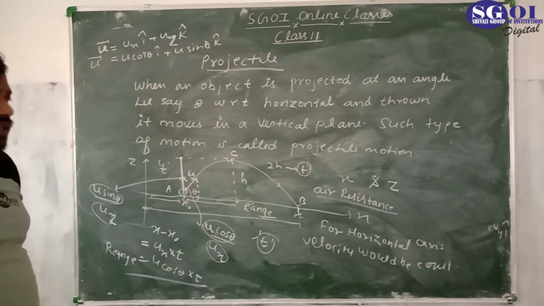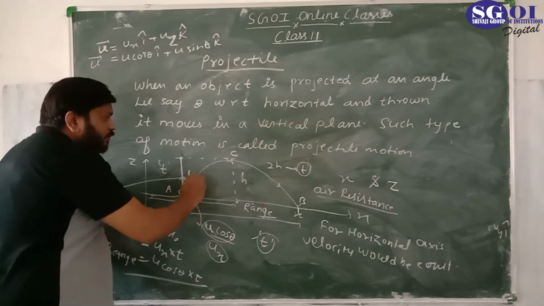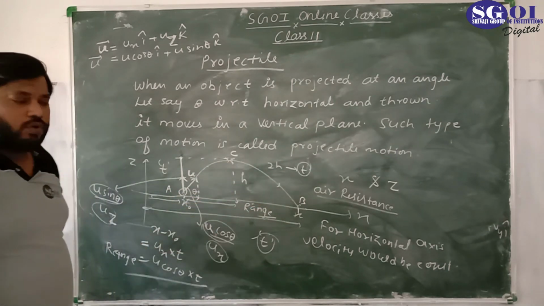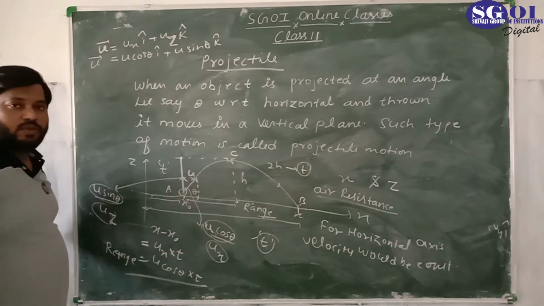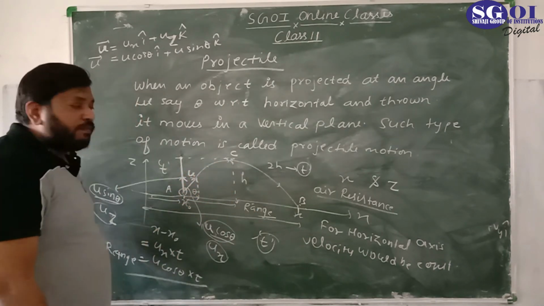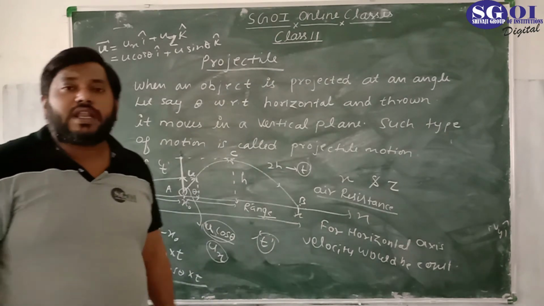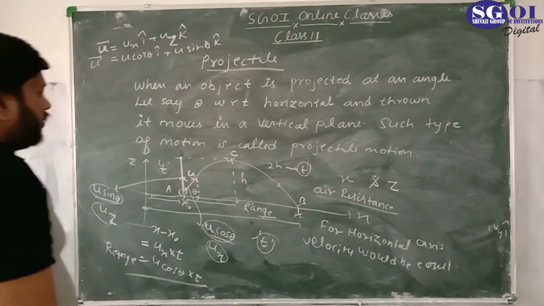Would the velocity u be the same? No, only ux is the same. The ux component at each point is the same, but the component uy is changing. Why is it changing? Because of gravitational force.